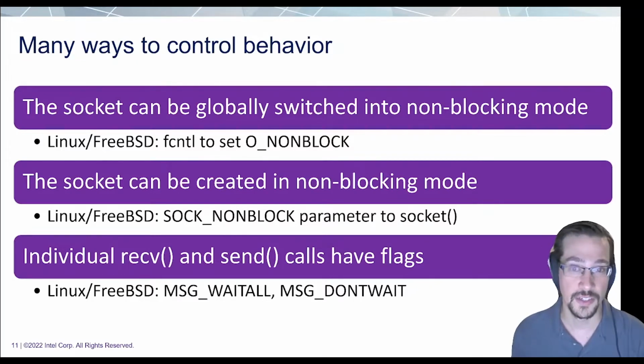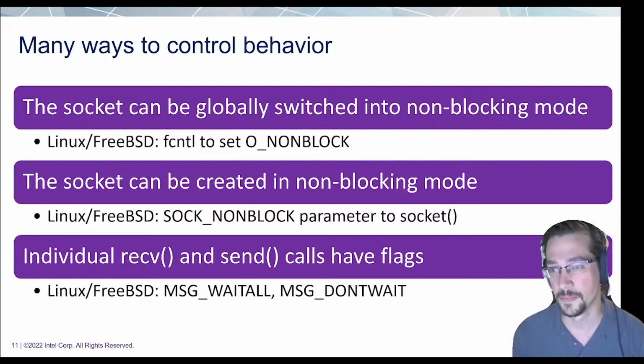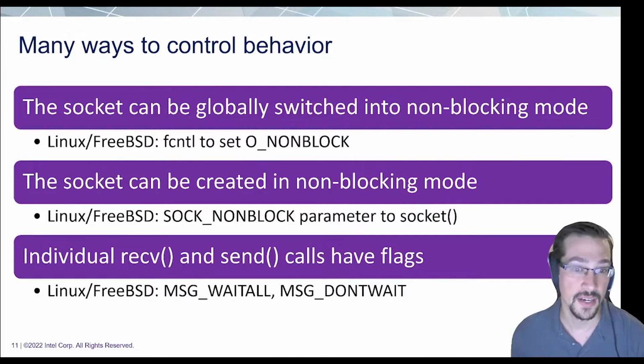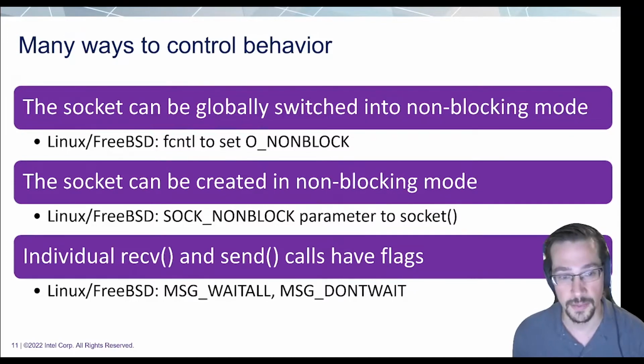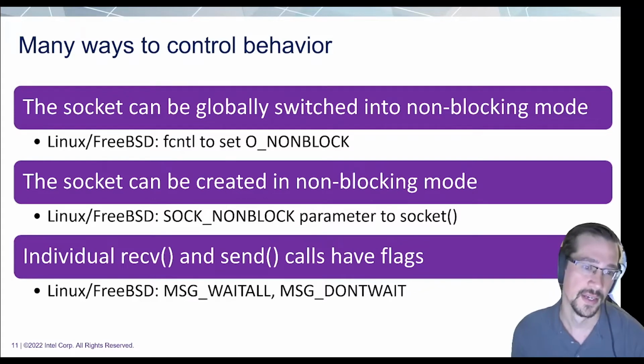So the socket can be globally switched from blocking to non-blocking mode. Blocking is the default way. So you can create a socket and then switch it at any point, one way or the other, using fcntl with the O_NONBLOCK flag. The socket can also just be created in non-blocking mode. I don't actually think you can create the socket in non-blocking mode on Windows, but on Linux and FreeBSD, you can just right from the get-go be non-blocking.